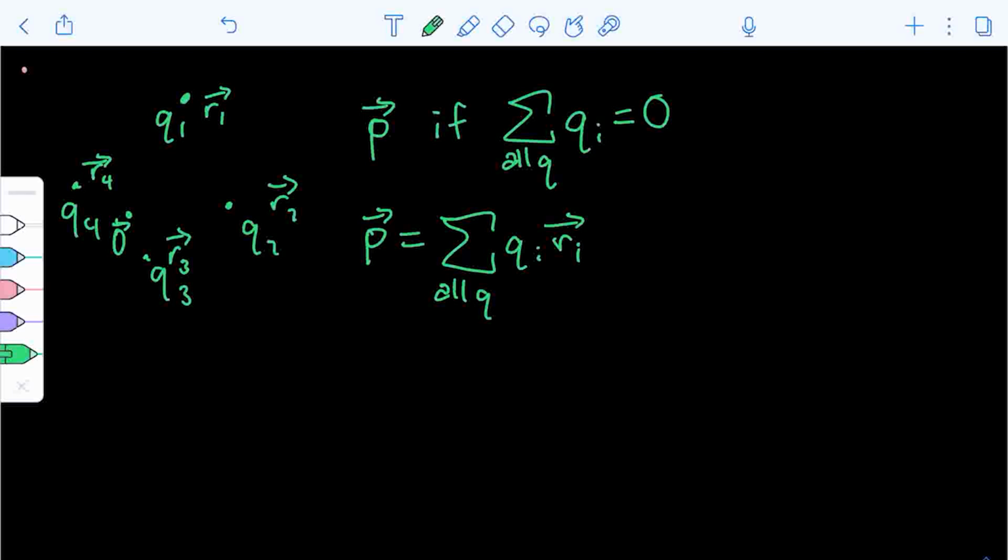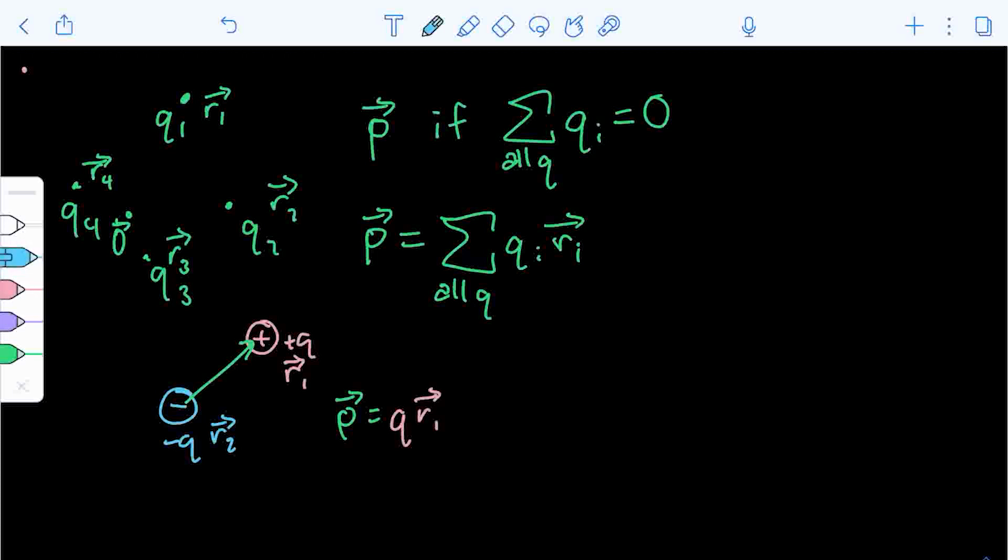So, if we look at our original dipole example, we can calculate the electric dipole moment in this same way. If this is plus q and has position r1, and if this is minus q and has position r2, then we get that p is equal to q r1 minus q r2.